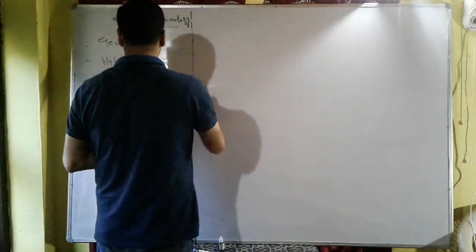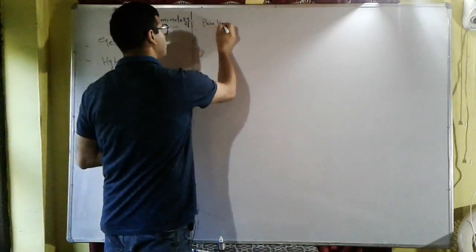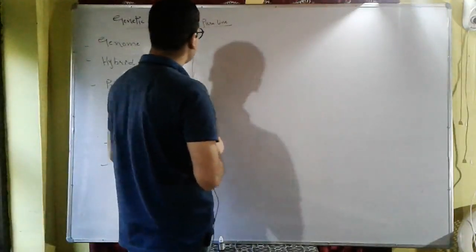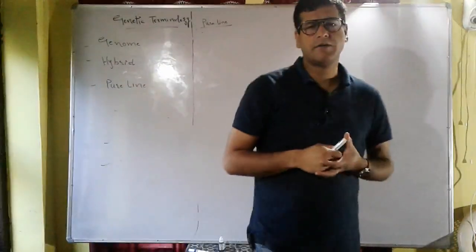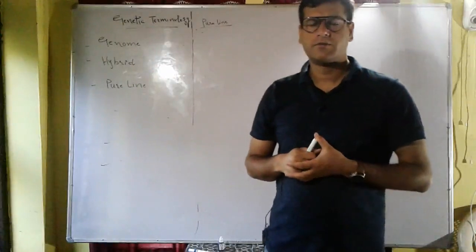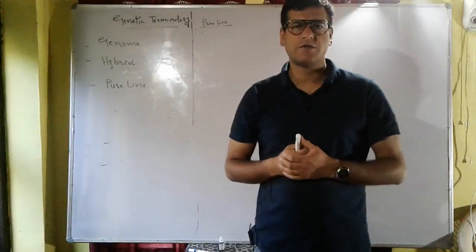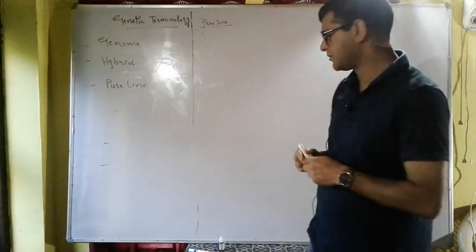Then we have pure line. What do you mean by pure line? Pure lines are simply the individuals which are genetically identical and they breed true for the trait.